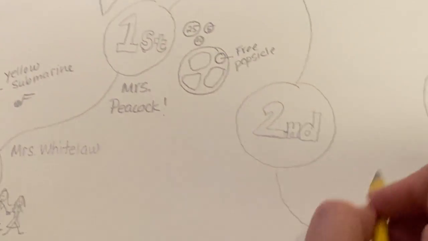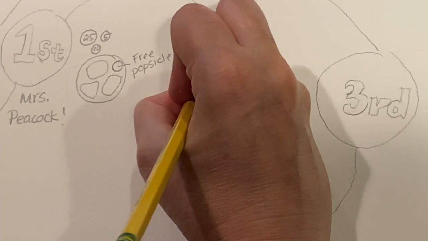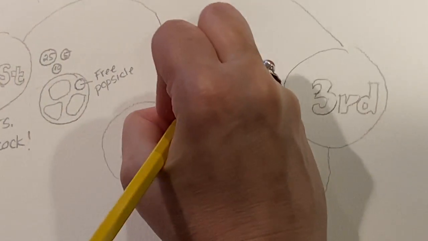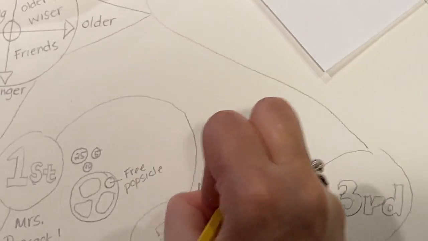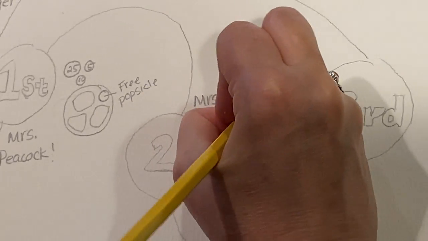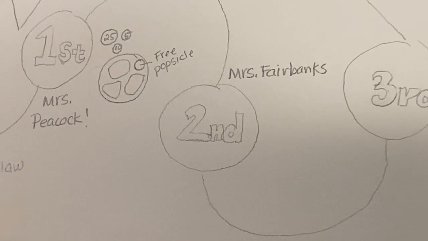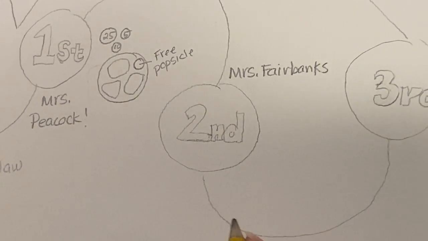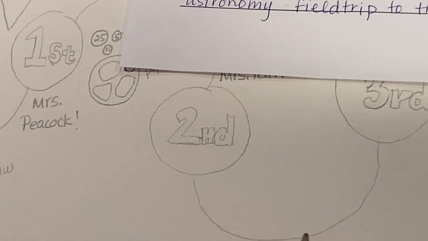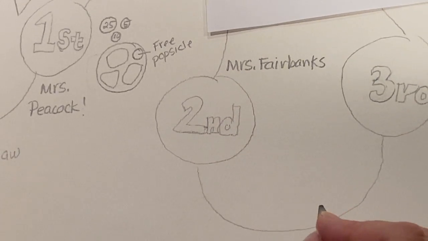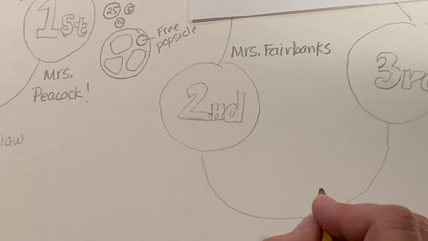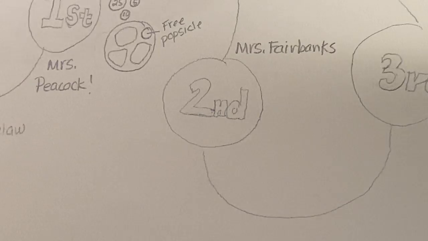Okay, now in second grade, I had Mrs. Fairbanks. Mrs. Fairbanks was nice too. She had a similar hairdo to Mrs. Whitelaw, only it was blonde. And in second grade, on the school carnival, riding the swing super high and inventing worlds. So let's see.